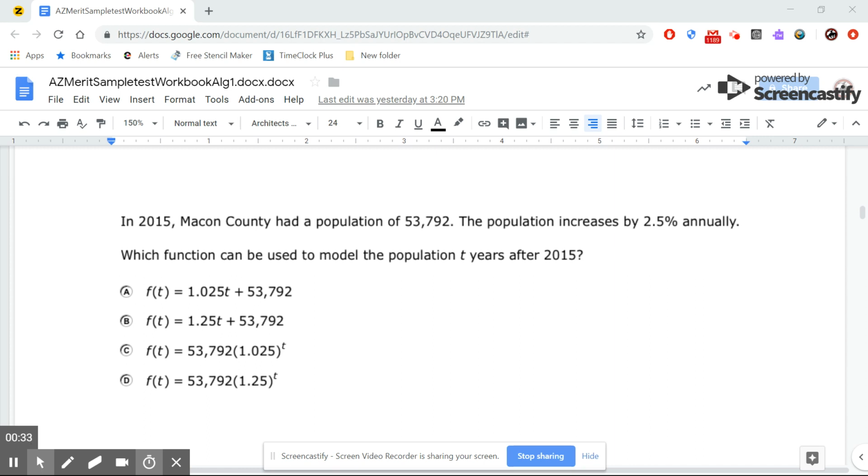They're picked up from California, Ohio, South Carolina, North Carolina also, I think. So I just want to get that taken care of first, so that you all know that these are not my questions. Why I picked these questions is because they were matching somewhat with their math vocabulary as compared to AZMerit.